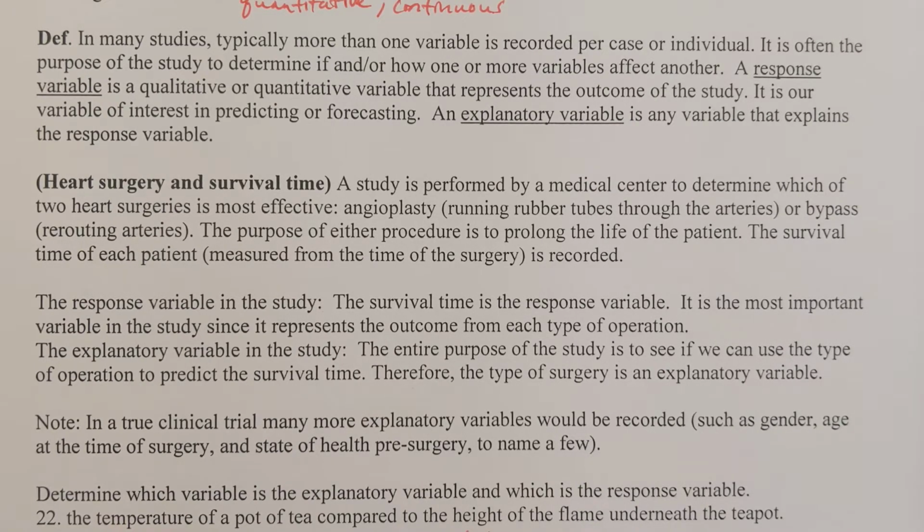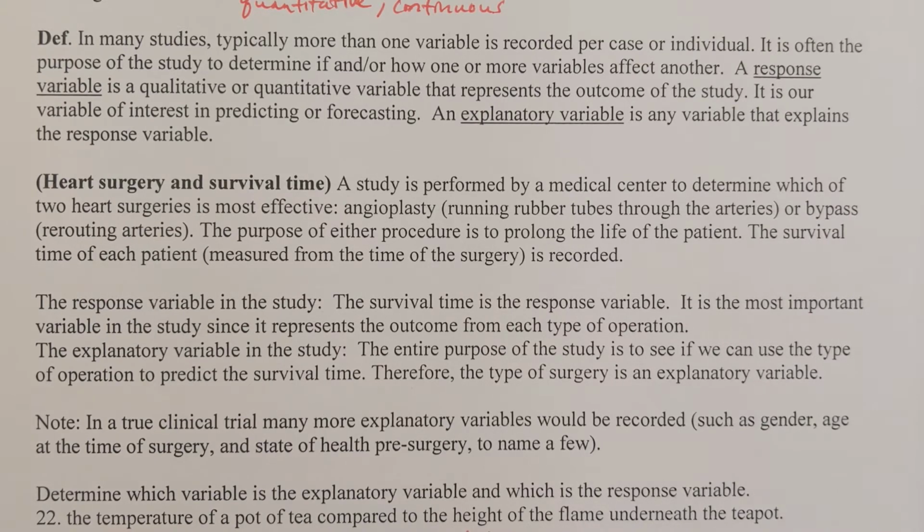Okay, and if we want to know the explanatory variable, the explanatory variable would be anything that would explain the response variable. Okay, so the entire purpose of the study is to see if we can use the type of operation to predict the survival time. Therefore, the type of surgery is the explanatory variable.